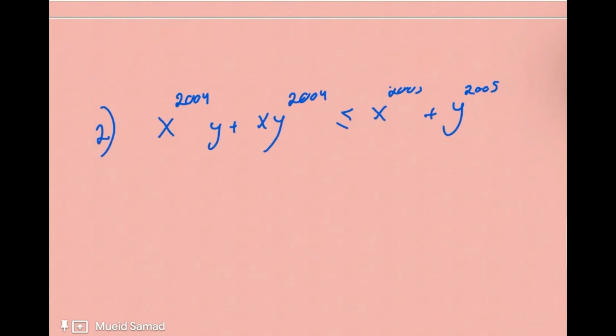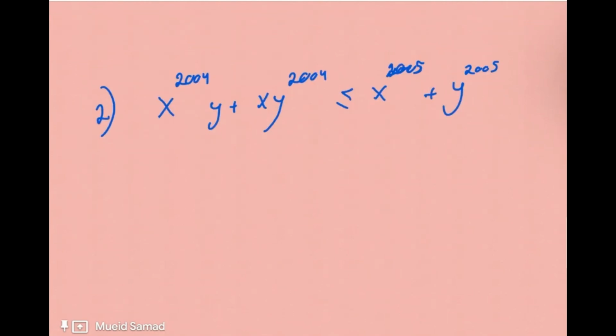Good. 2005. I think that alpha is 2004. I think it's pretty obvious that we have to do something like this. And then beta is actually just 1. And then we have alpha plus beta equals 2005.